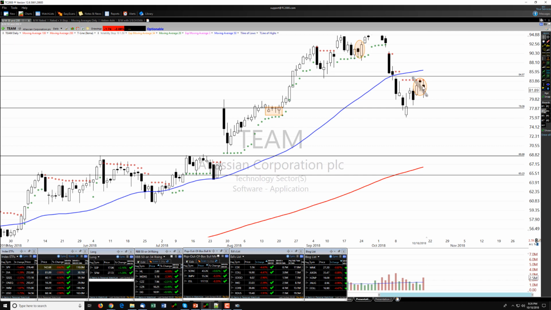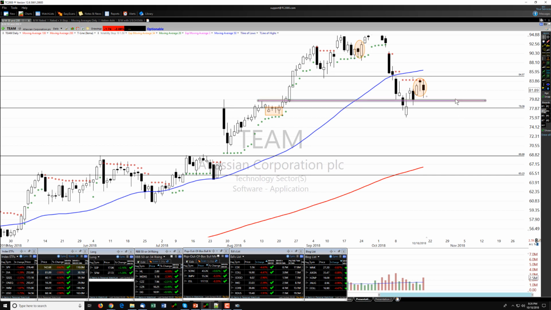By the time we fall out here, we can move our stop down because we're already predicting that the price is going to be down here. So if I move a stop more in this area above this, that would work.